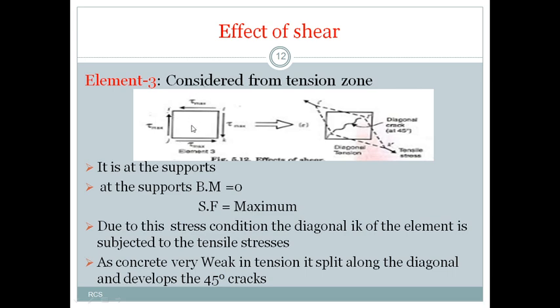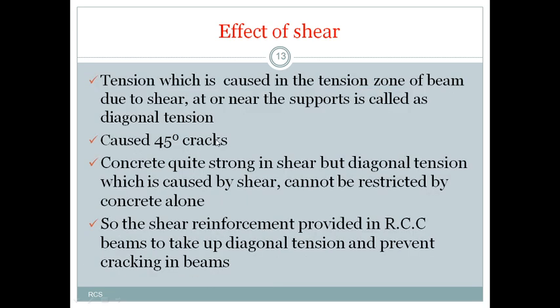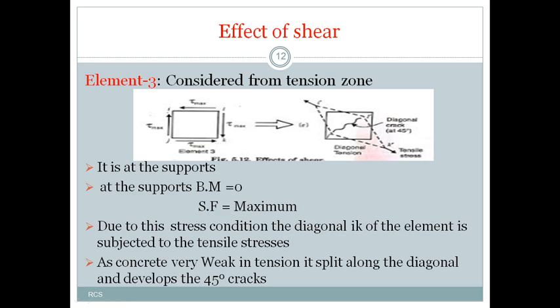Due to shear force, pure shear force, at the corners of this small element, there will be what? At I and K, the tensile forces are acting. The stresses induced due to these tensile forces are called tensile stresses.